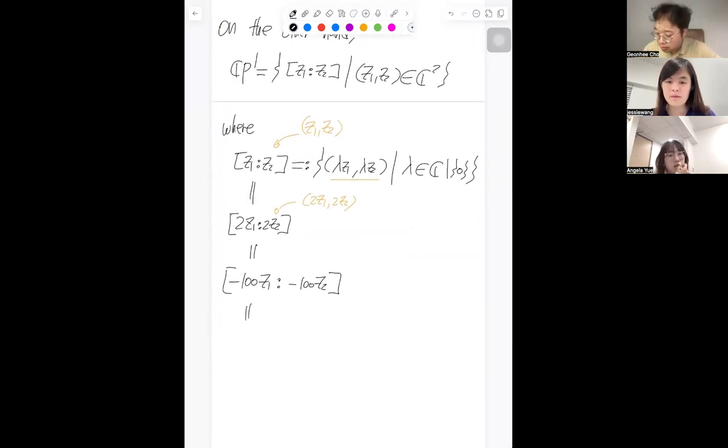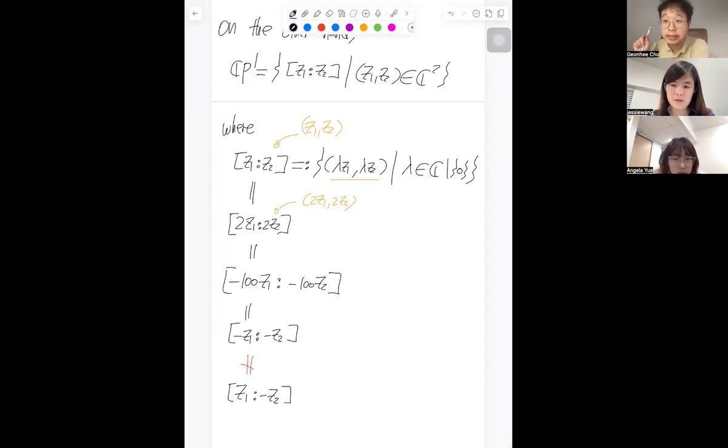So let me just give you one more example. This is also the same. However, I want to make sure that you follow this rule completely. So for example, this is not the same, because we should multiply the lambda on each component of the pair.